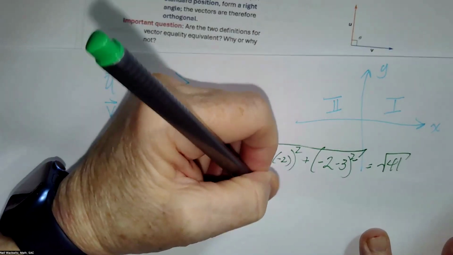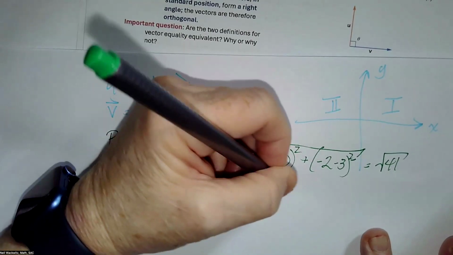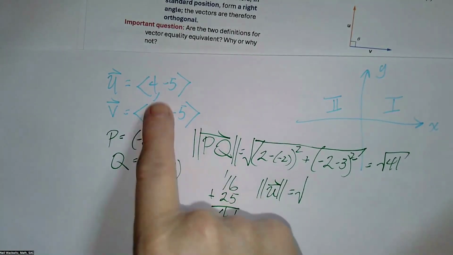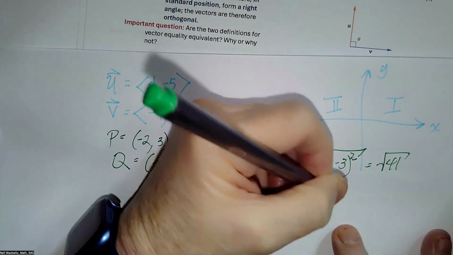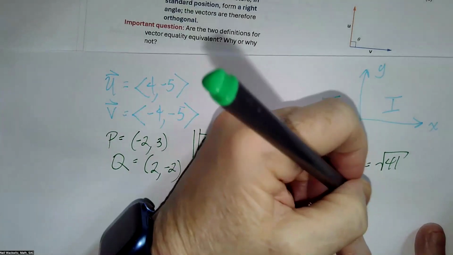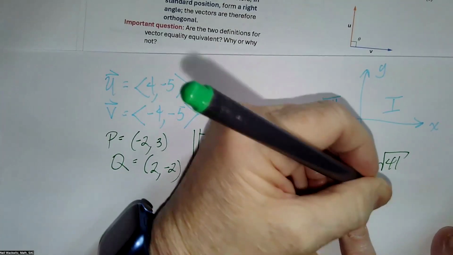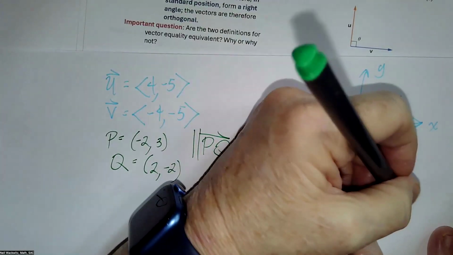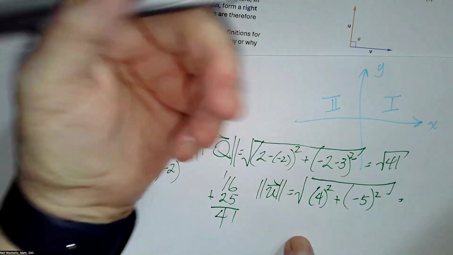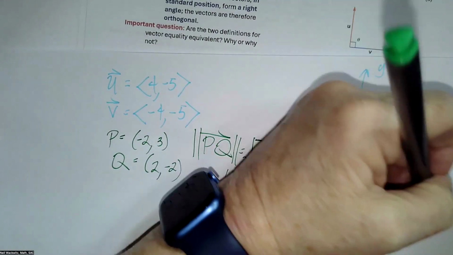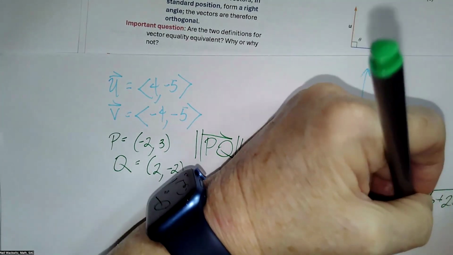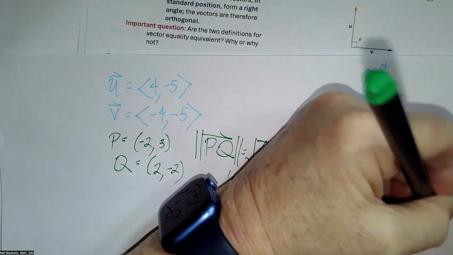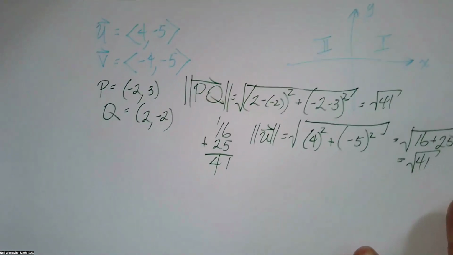The magnitude of u is 4 squared plus -5 squared, and I can see I'm getting the same two numbers, 16 plus 25, the square root of 41.